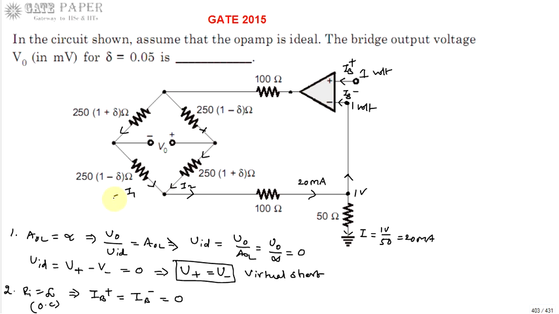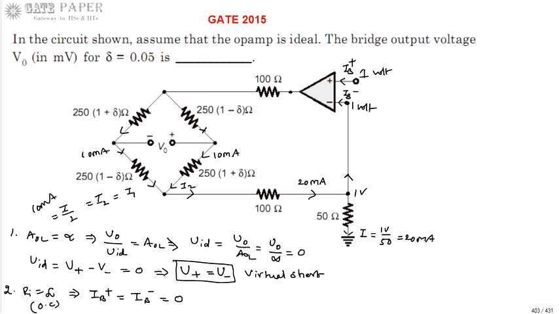So I1 is equal to I2, and the total is 2I1, which is equal to I. So I1 or I2 is I by 2, which is equal to 10 milliamperes. Since the resistances in both branches are the same and they have the same voltage, the same currents flow in both branches, each half of the actual I. So 10 milliamperes of current is flowing.